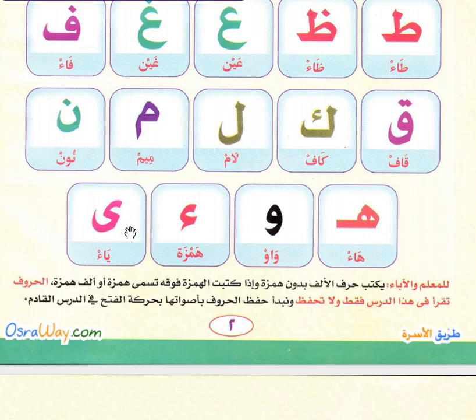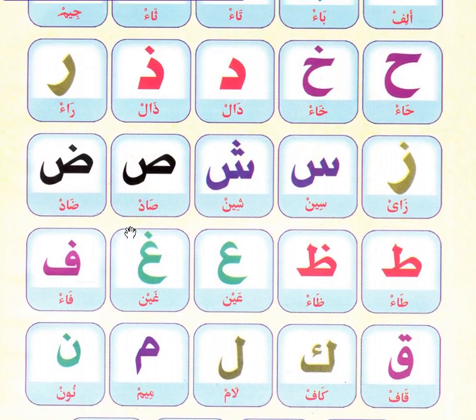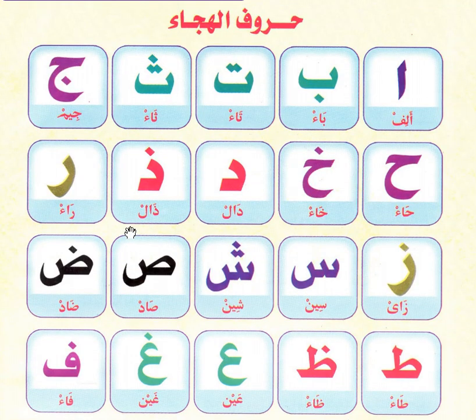So these are the Arabic alphabets, and this is what we went through within the first class. Before we end today's class, inshallah, I'll be pointing at random letters, and you try to recall which letter it is.